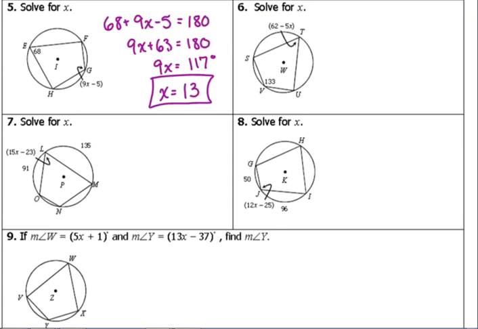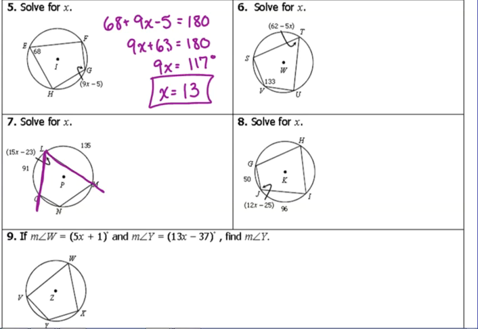Number 7, solve for x. So we have a variable expression there for angle L. And we have arcs from L to M and L to O. That angle there at L, I'm going to trace it out so that I can see what arc it intercepts. It would be great if I knew that measure, right?